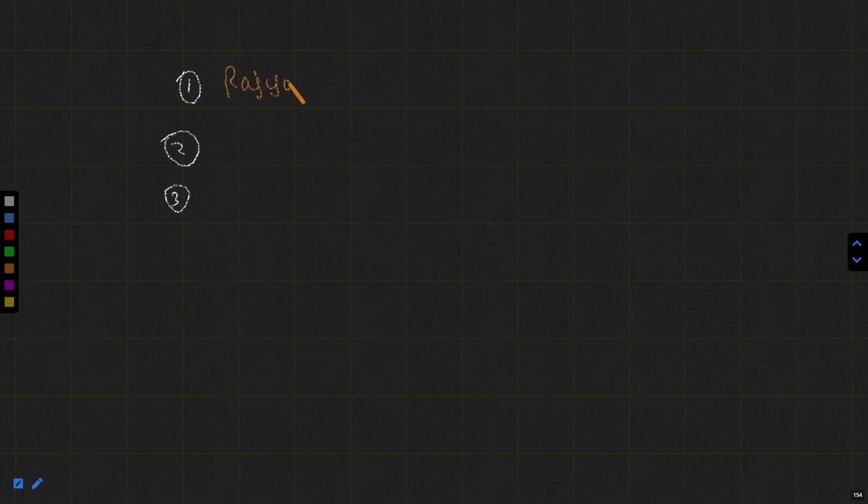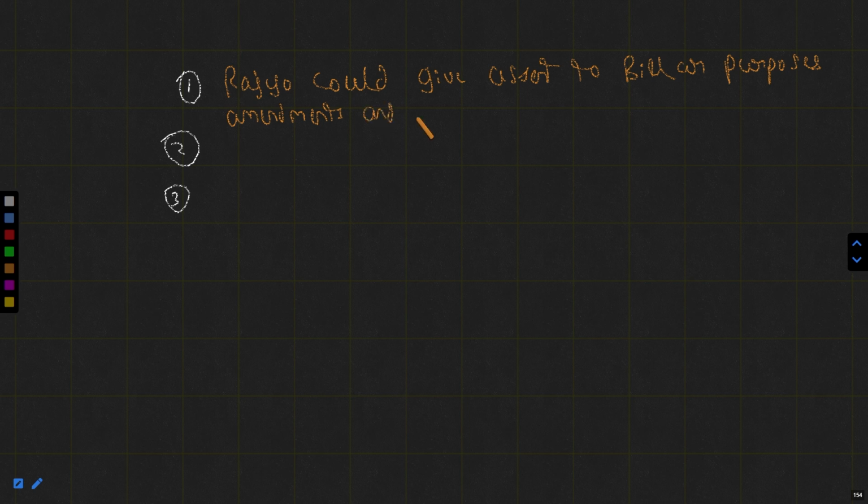The Rajya Sabha could give assent to the bill, or propose amendments and send it back for reconsideration. This is the first case.